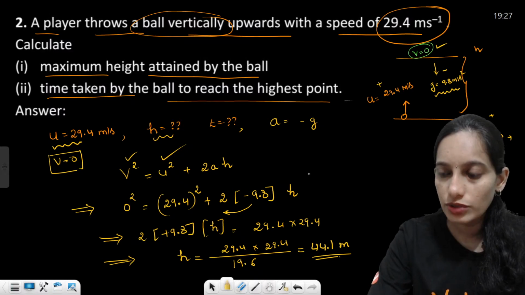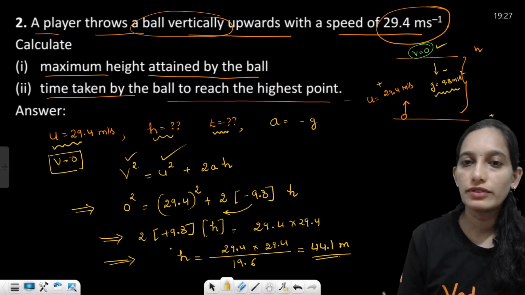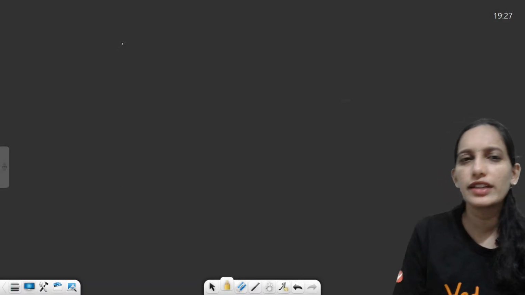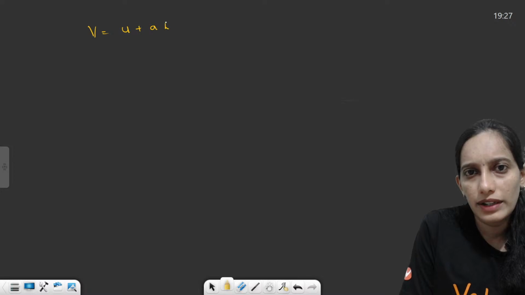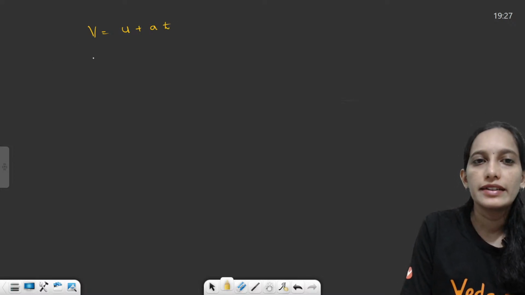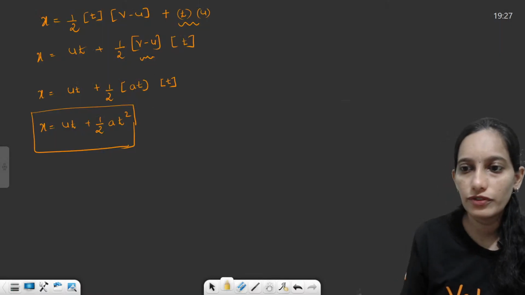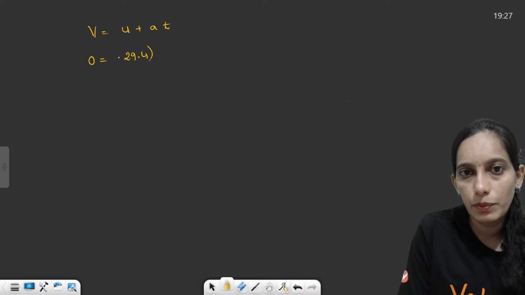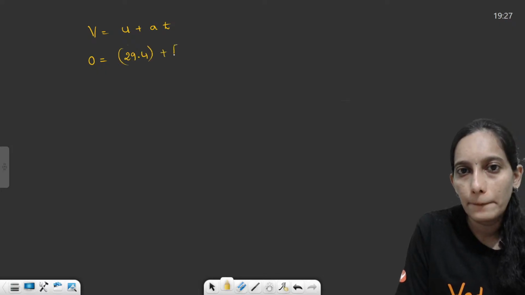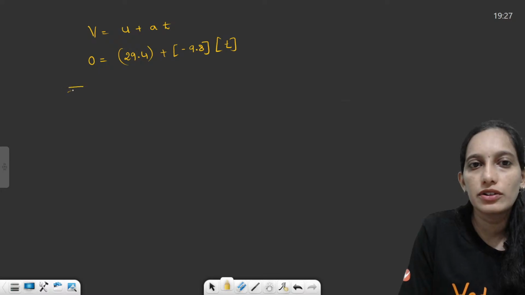Now there's one more point we are supposed to find out, that is the time. So how can we find out time? It's again very simple. I can use the formula V is equal to U plus AT. Again here V is 0. The U value is given as 29.4. So 0 is equal to 29.4 plus A, which means minus g, that is minus 9.8, into T. Only T is the unknown here.